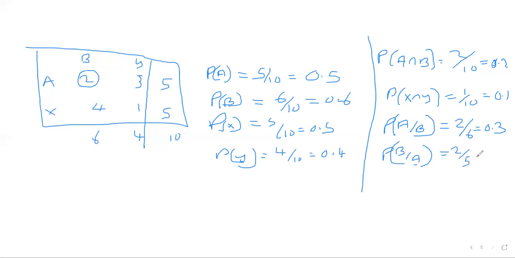So 2 out of 5, we get 0.4. What is X given Y? X and Y meet at 1. But the total for Y is 4. So 1 over 4 is 0.25. Then Y given X, they still meet at 1. But this time the total for X is 5. So this will give you 0.2.